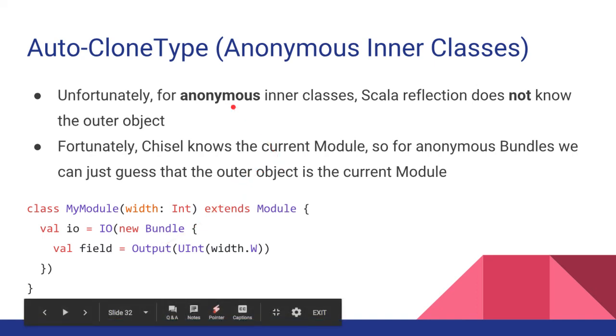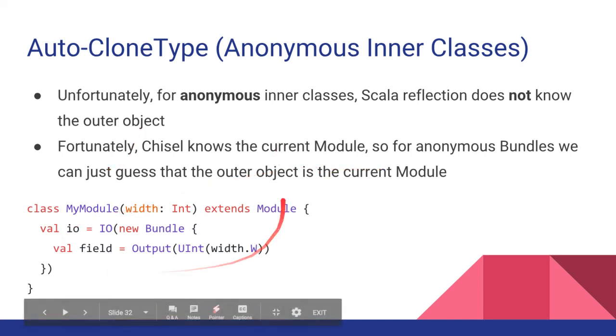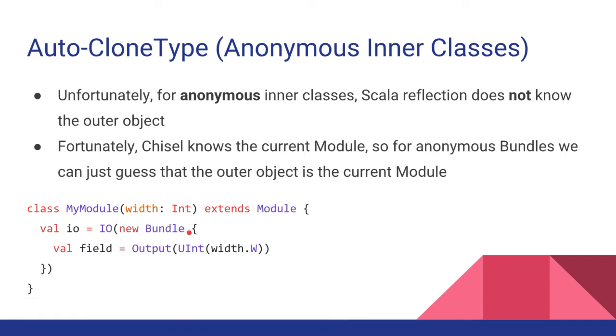And annoyingly, Scala doesn't know about the outer object here. I suspect there are implementation reasons for this. I don't know what they are. But Chisel does know what the current module is. So when it sees this code, when it has this bundle object that we know takes an argument because it's an inner class, we can guess that the object is the current module.